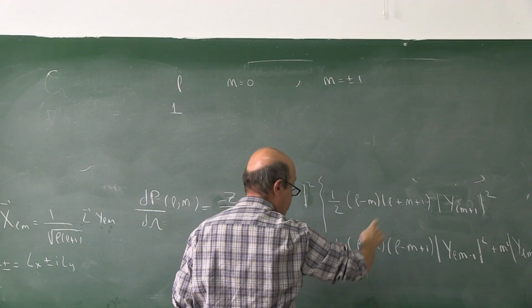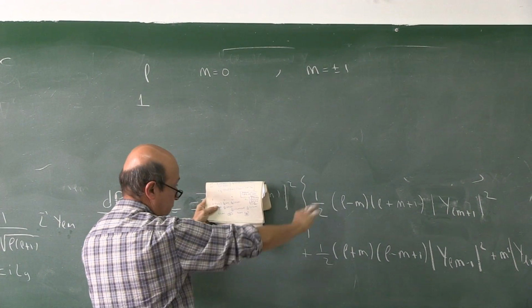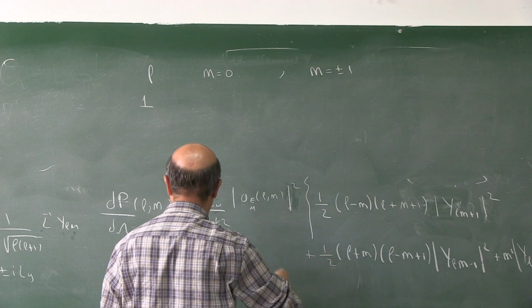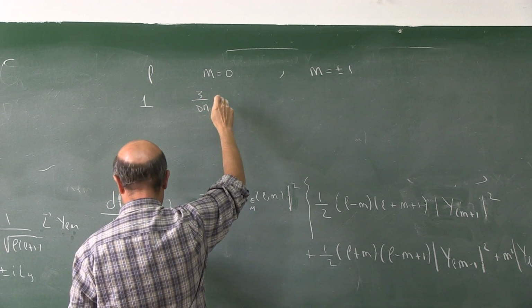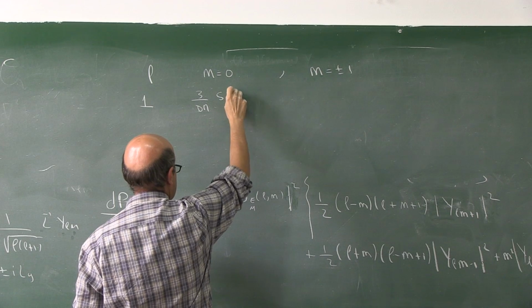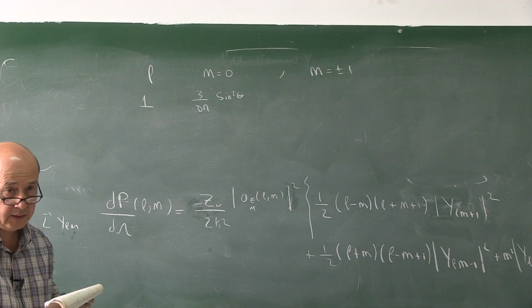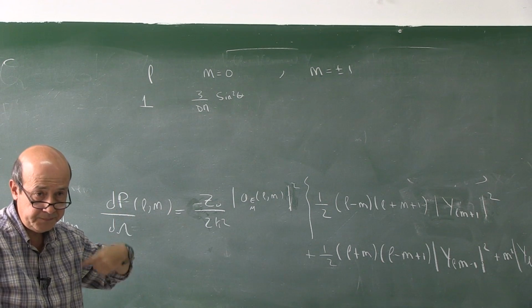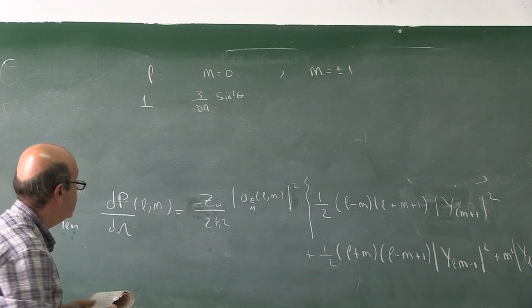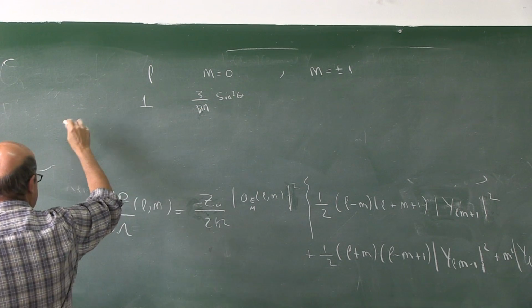If you put M equal to 0 and L equal to 1 there, and look at the angular distribution, you will obtain 3 over 8 pi sine squared theta. How many poles do you have as a function of theta? As a function of theta, you have 2 poles. So that is sine squared theta, and the functional form is the following.